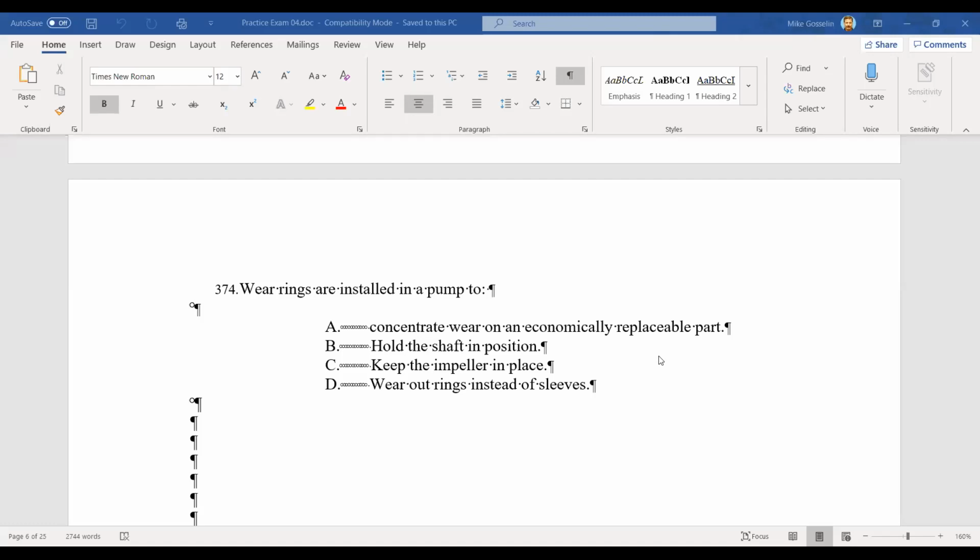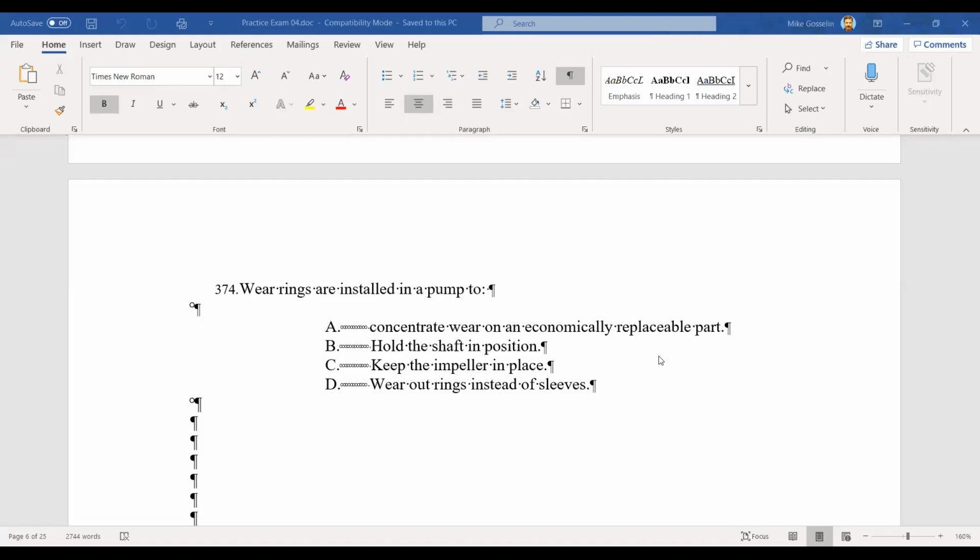Okay, so everybody's choosing D. How can I explain this? Yeah, you're right to a certain point, but in this answer, they're looking at concentrate wear on economically replaceable parts.